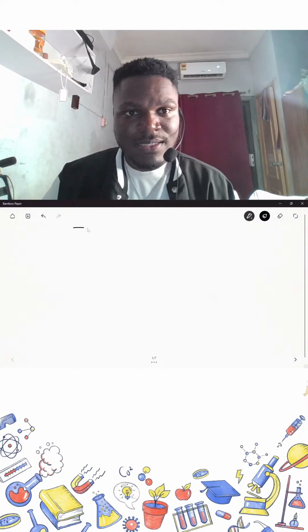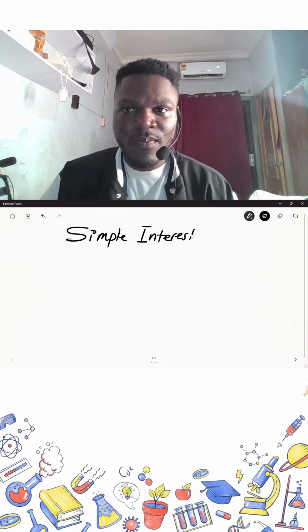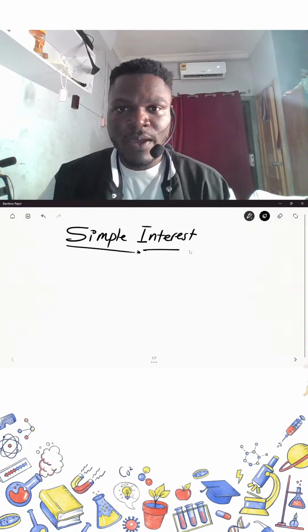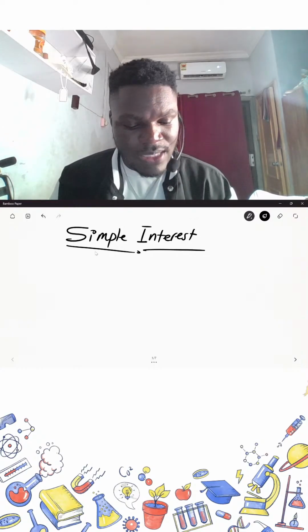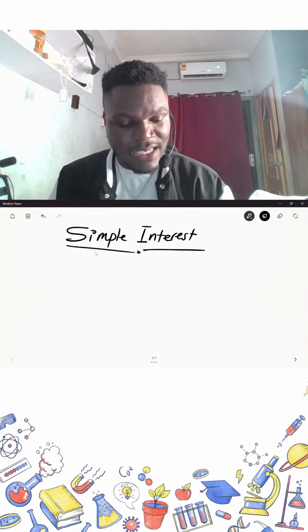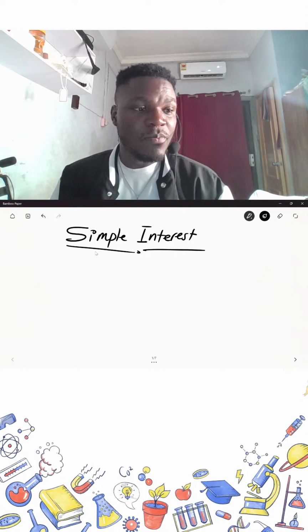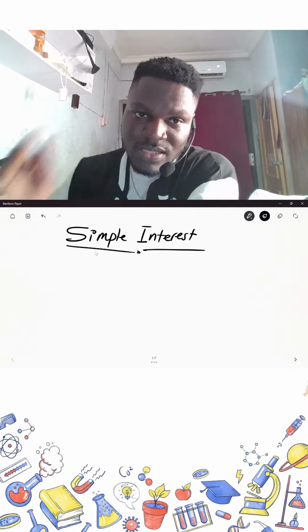So let's write our simple interest first. Simple interest. So we are saying that simple interest is a method to calculate the amount of interest charged on a sum of money at a given rate for a given period of time. That is basically what simple interest is.